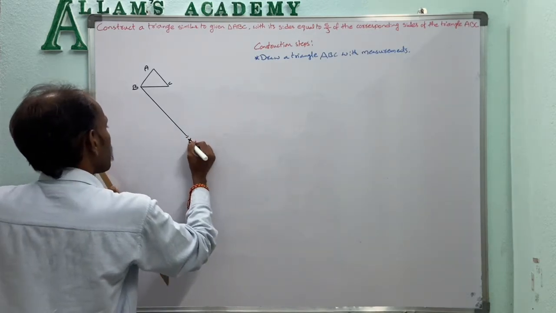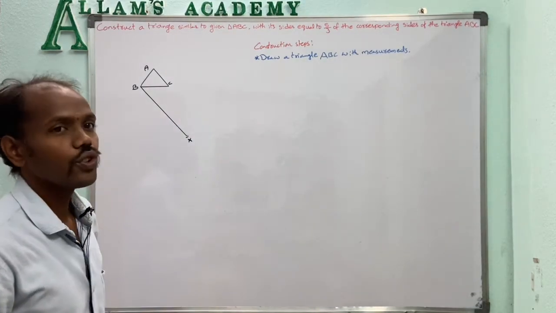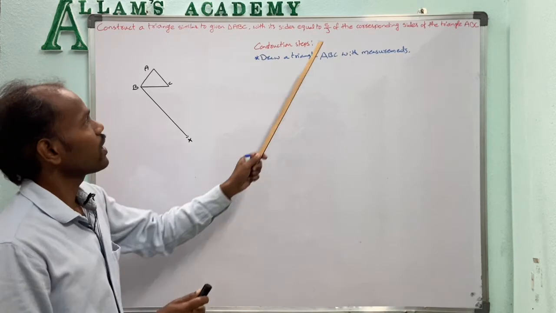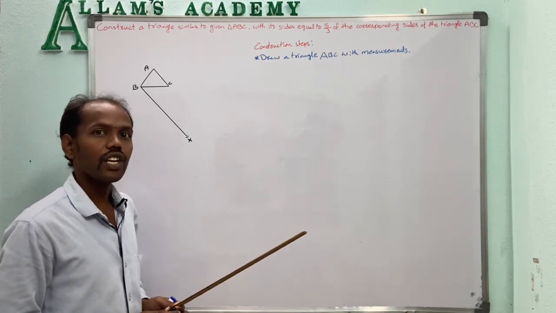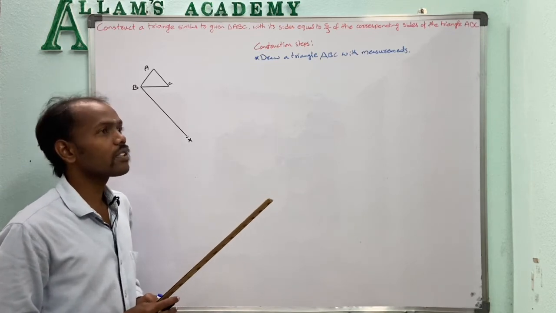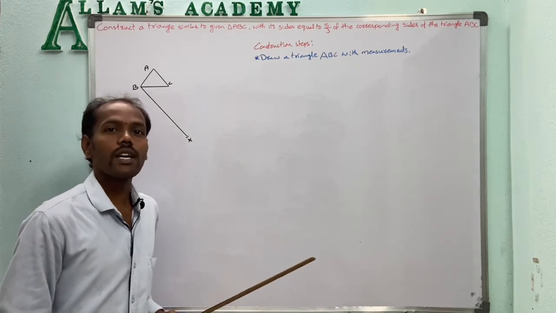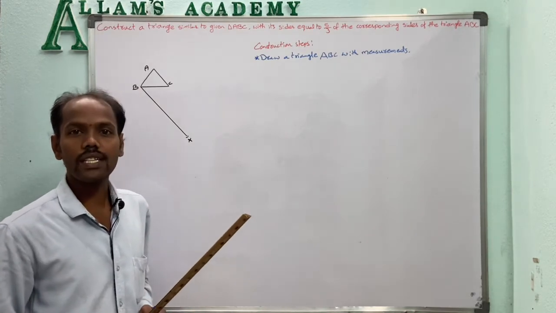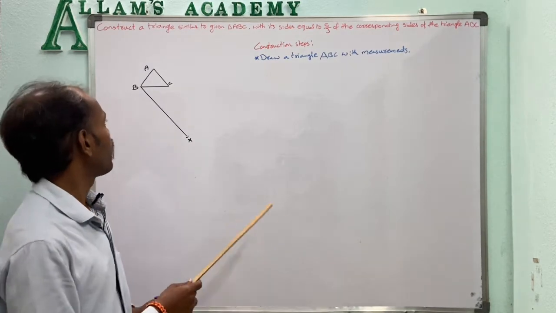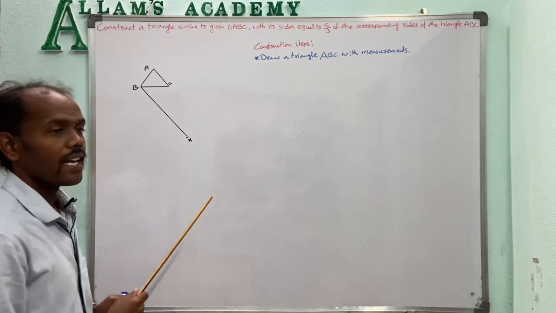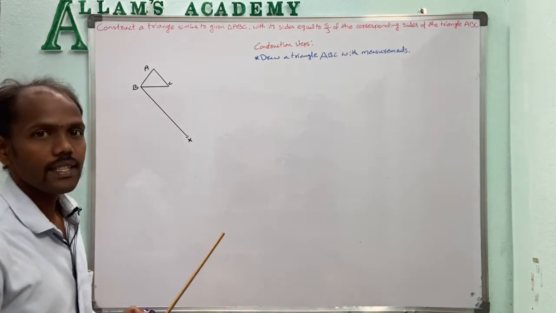And on that BX line segment, our given ratio 5 by 3: the numerator is 5, denominator is 3. So sum of the ratios is nothing but 8. So we have to divide this BX line segment into 8 equal parts.